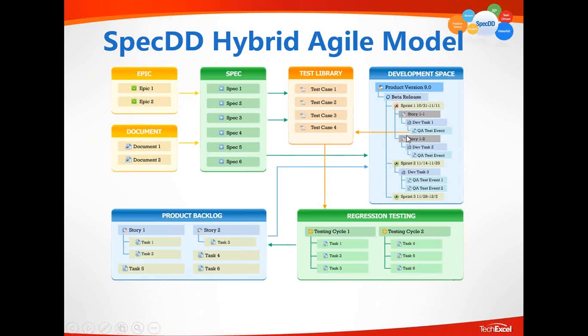A story, actually, in the SpecDD model, is not a requirement. It's a copy assigned to a development, meaning spec 1, once assigned to a development, it becomes story 1.